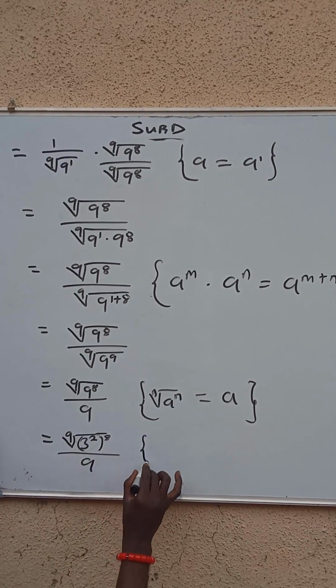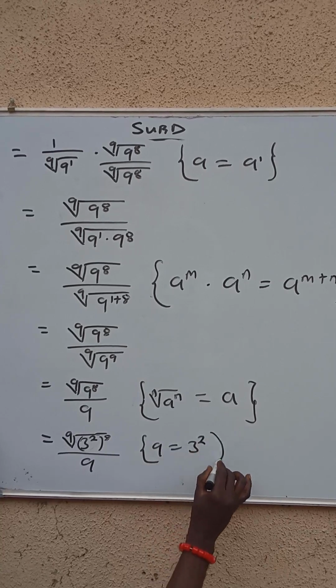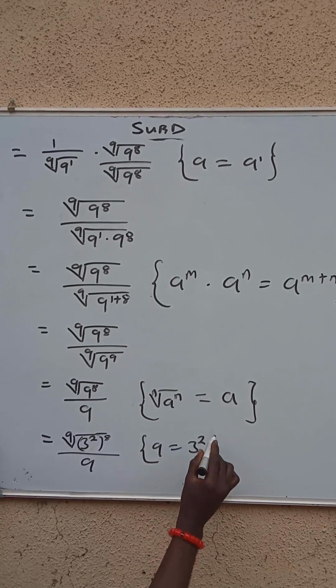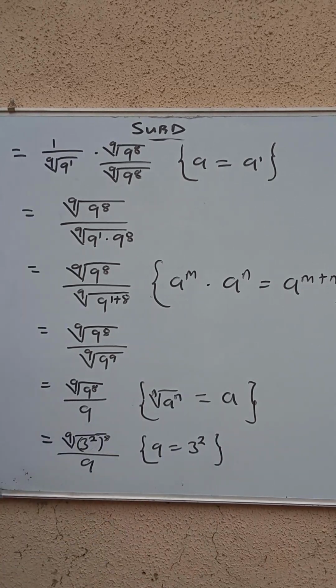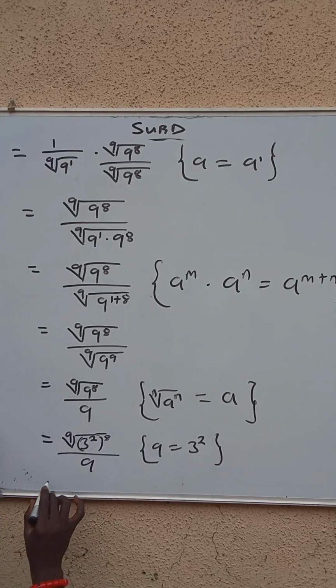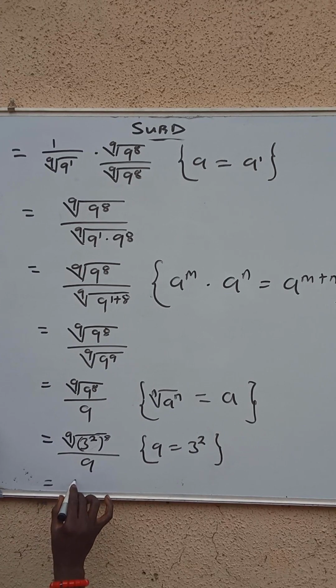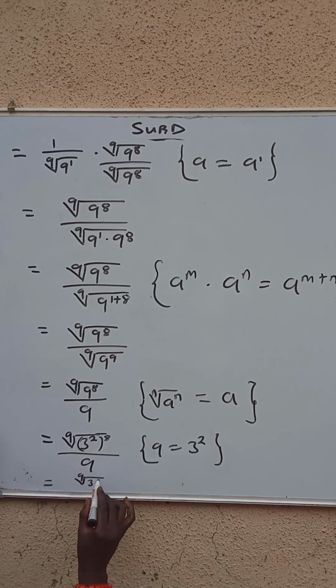What I did here is that 9 is the same thing as 3 raised to the power of 2. So don't be confused. That is the 9 inside, and this is the 8. So from here, I can still have the ninth root of 3 raised to the power of 16 over 9.